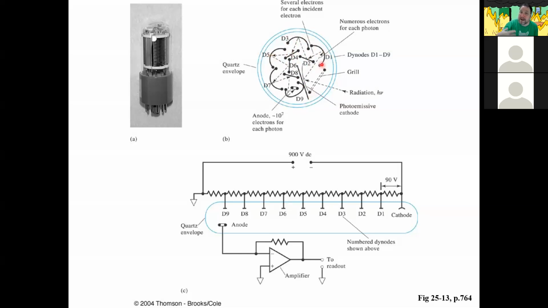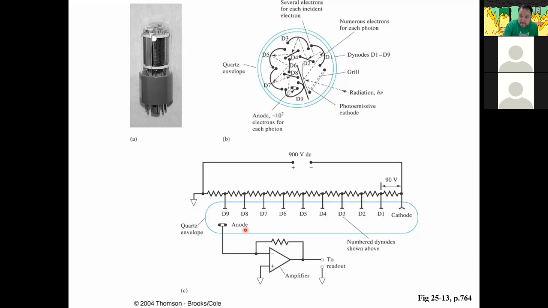So you really multiply the current that you see, because now you've got not just one electron coming in, but a whole herd of electrons that keep going until they finally reach the end anode, and then they get drained out, and then you measure that current.